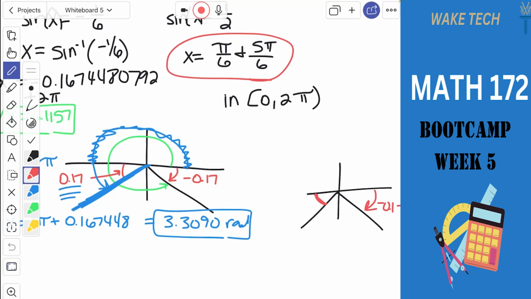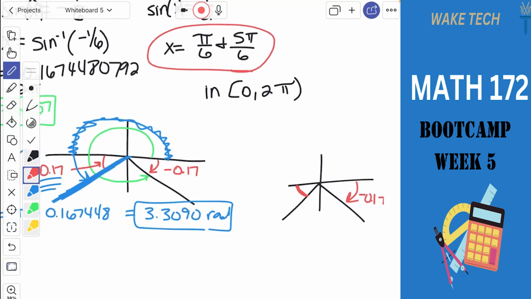But if we're talking about the reference angle, we have to ignore the negative sign. Negative 0.17, that's the actual angle, but I need the reference angle, and that has to be positive.